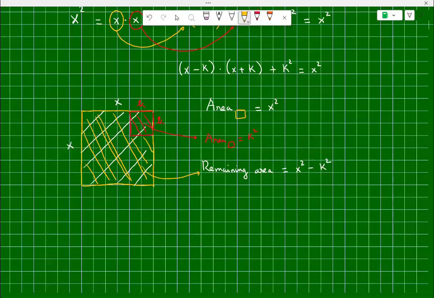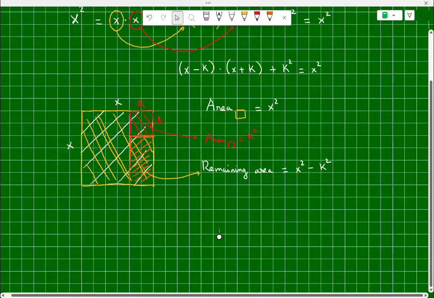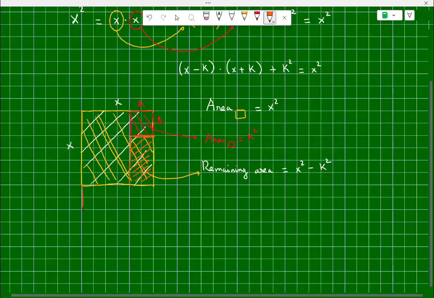Now, I can also think about the remaining area in a slightly different way. Imagine that I look at this little rectangle over here, and then imagine that I cut that out from the remaining area. I remove it, move it down here, rotate it a little bit, and attach it right here.